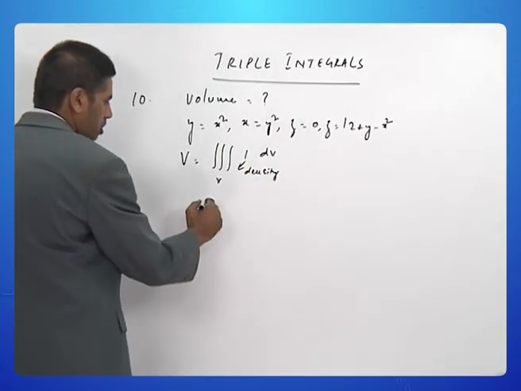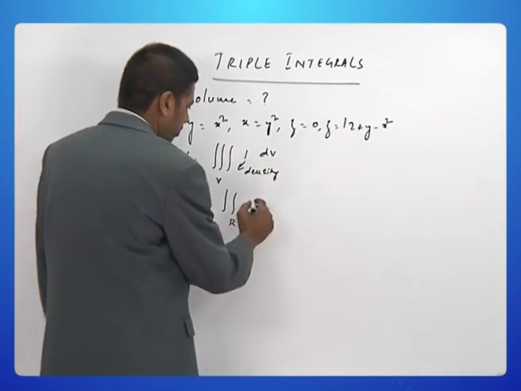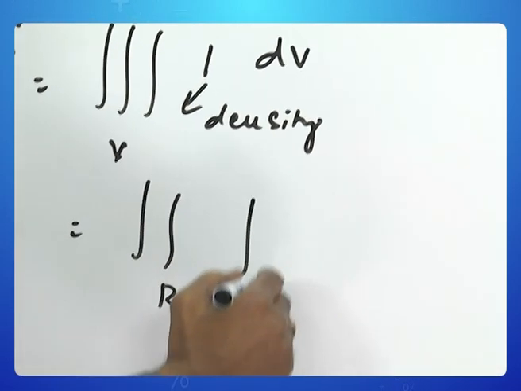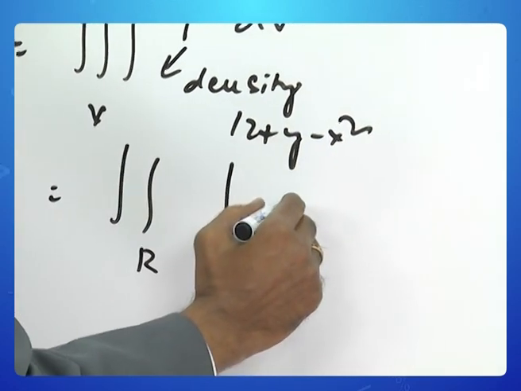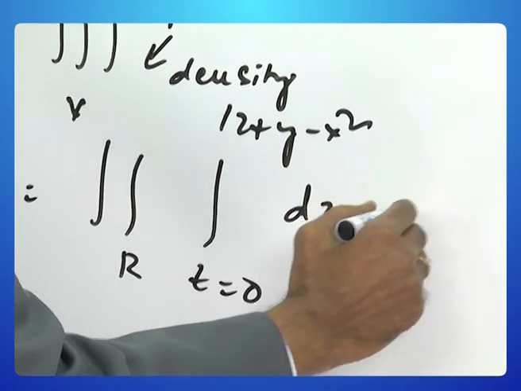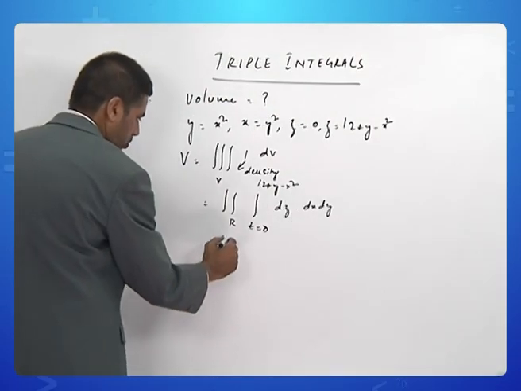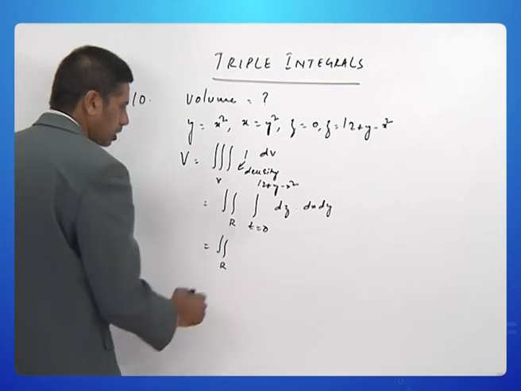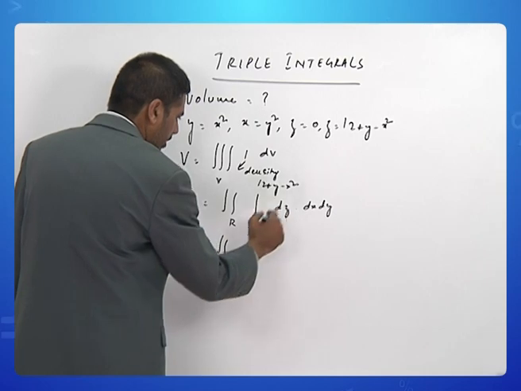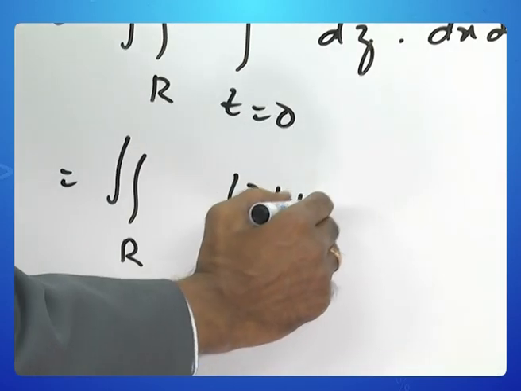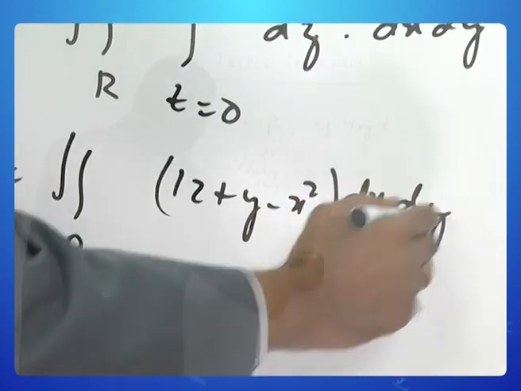So first what we do is we fix the limits of integration for z, 12 plus y minus x squared, dz dx dy. So double integral over R. Integration of dz is z. So 12 plus y minus x squared dx dy.